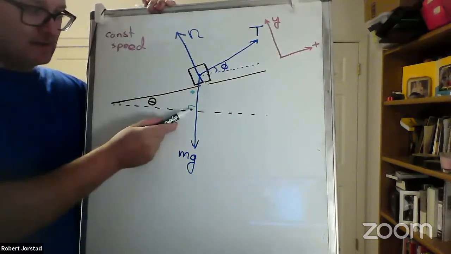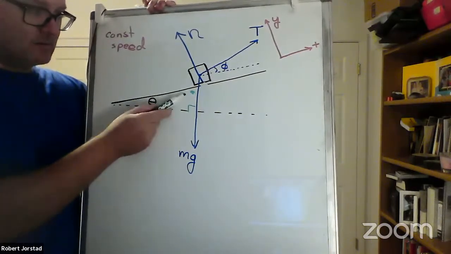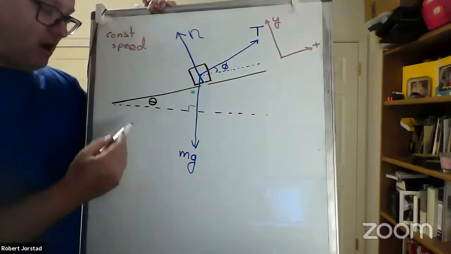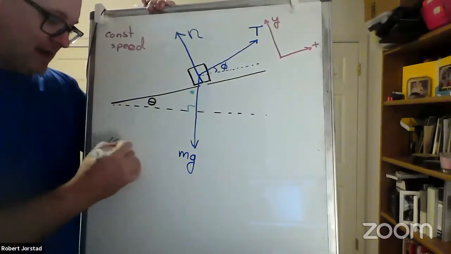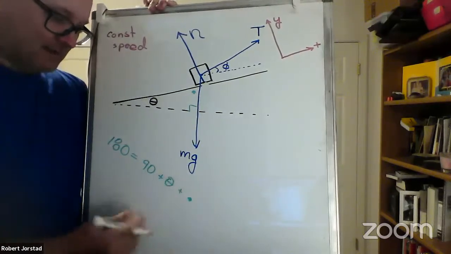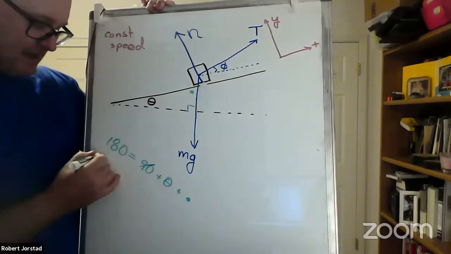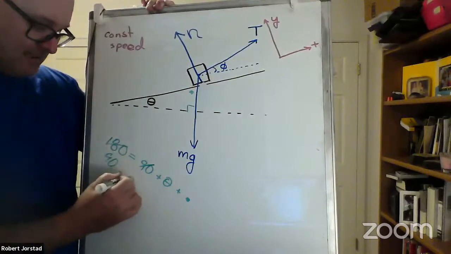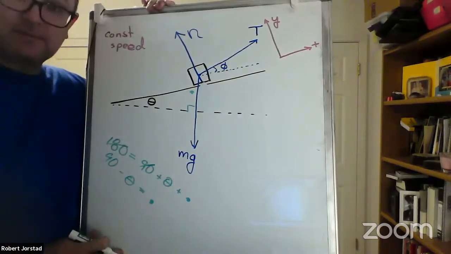This is 90. This is theta. What's that? 90 minus theta. Remember, all the angles in a triangle add up to 180, right? So that's 90 plus theta plus the green dot. Well, if I do this, that's going to be 90 minus theta equals the green dot.